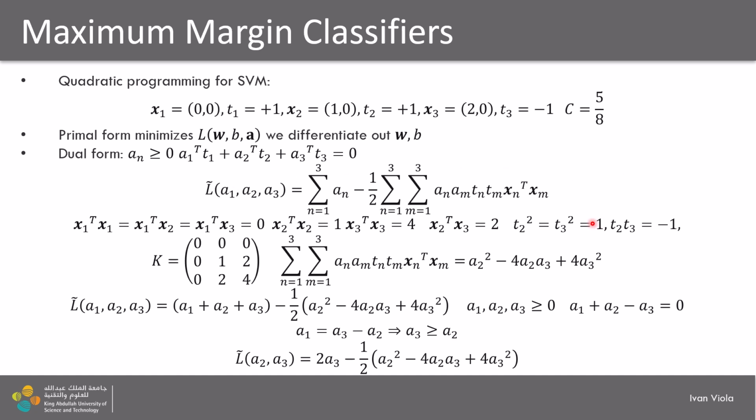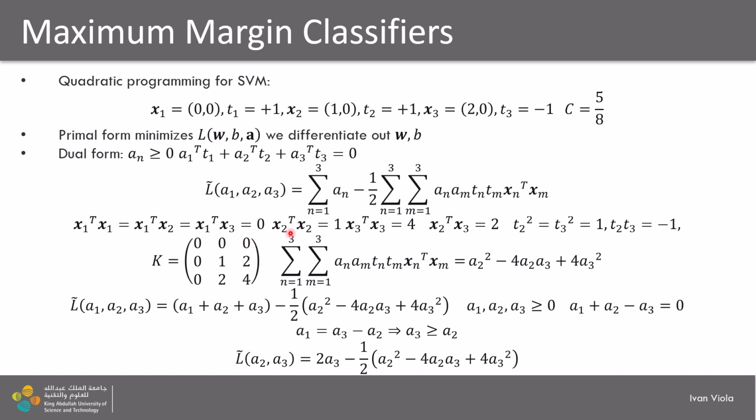So after we have our Lagrangian formula, we can prepare some of the values which we need to use for our calculation. For example, we will fill the Gram matrix with our entries. So with our dot product x1 with x1, x1 with x2, x1 with x3. This all, as x1 is 0, 0, will lead to 0, because we want to have a very simple case.